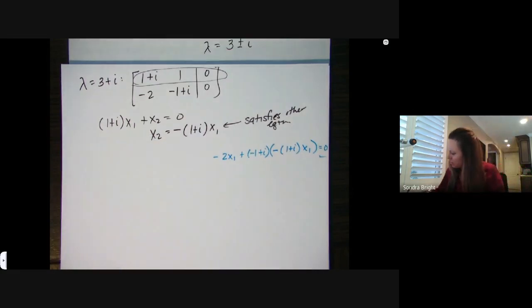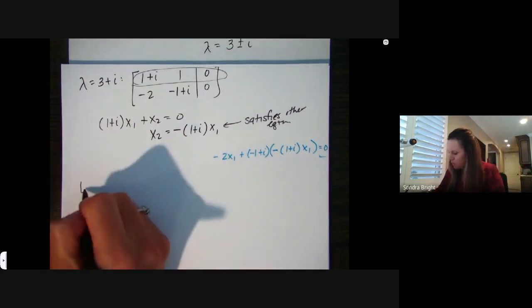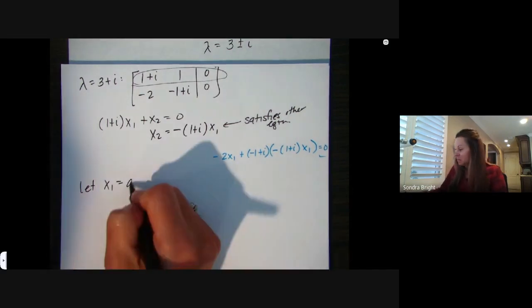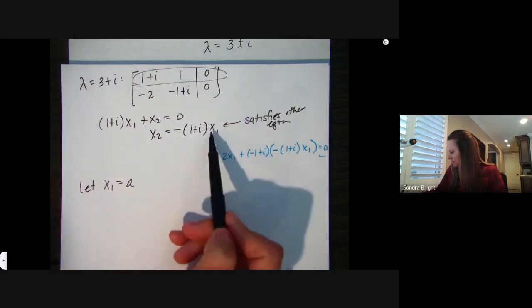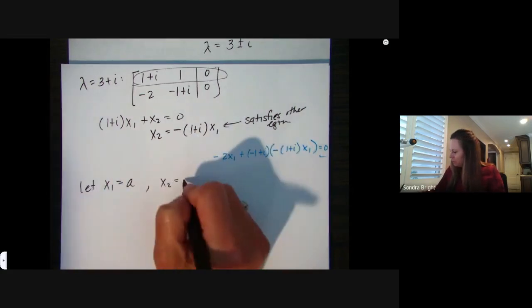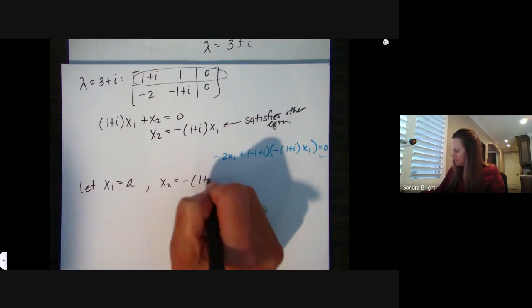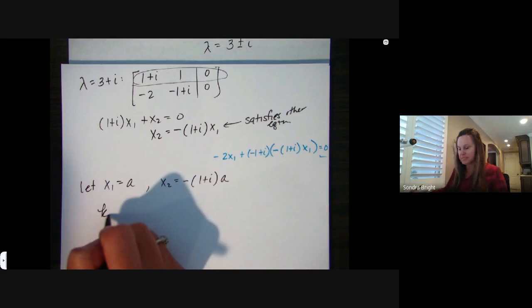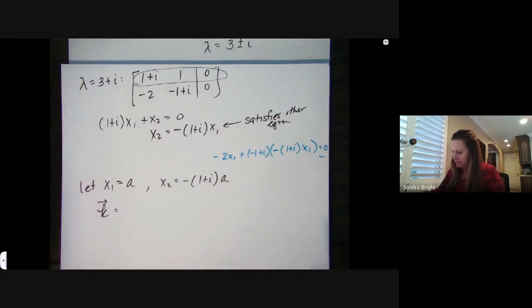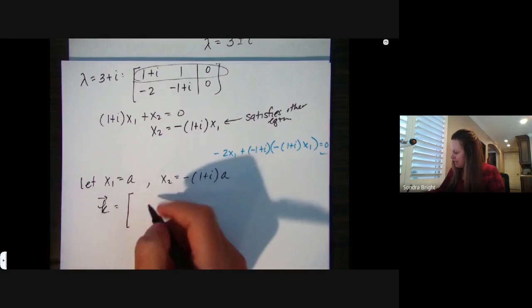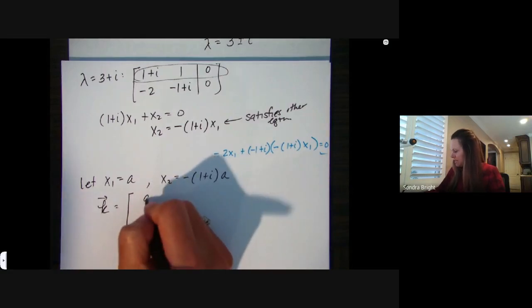Which means I'm going to let x1 equal a, just because that's what I like to do. Then x2 would equal (negative 1 plus i) times a. So that means your eigenvector for this is a times (negative 1 plus i) times a.